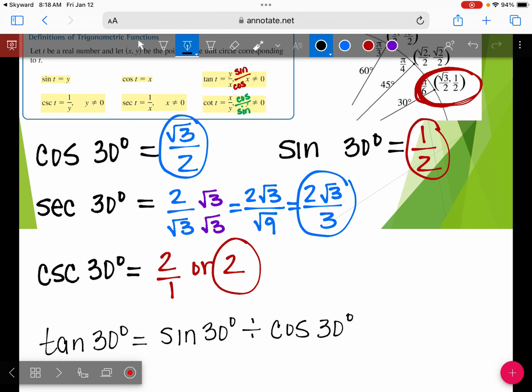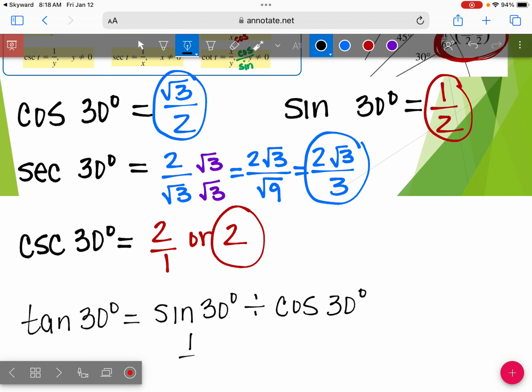So what did we say the sine of a 30-degree angle was? What did you say, Glody? 1/2, yep. You were right. I just want to make sure I heard you. And we're going to divide that by the cosine of 30. And the cosine is root 3 over 2. So who remembers how to divide fractions?